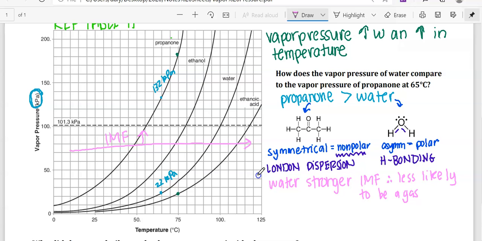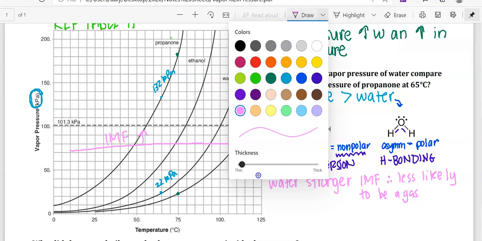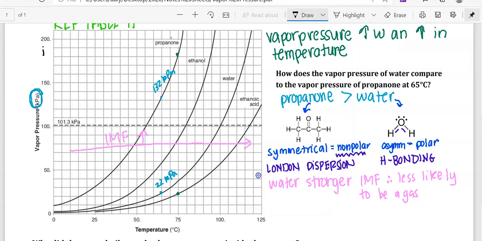So let's jot that down on this graph. In order to boil, gas or vapor pressure must be equal to or greater than atmospheric pressure.